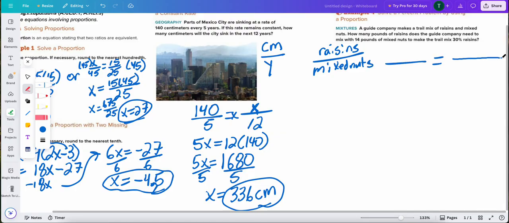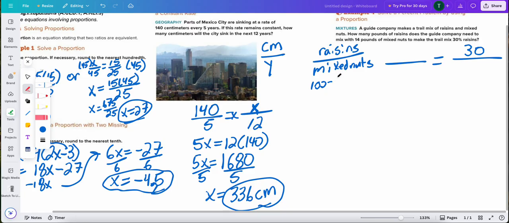So I'll set up my proportion. We know that we want 30% raisins, so I'm just going to represent that as 30. There are a few different ways you could do this. One way is, since it's 30% raisin, I could figure out what percent mixed nut it is, because the percentage has to be 100.